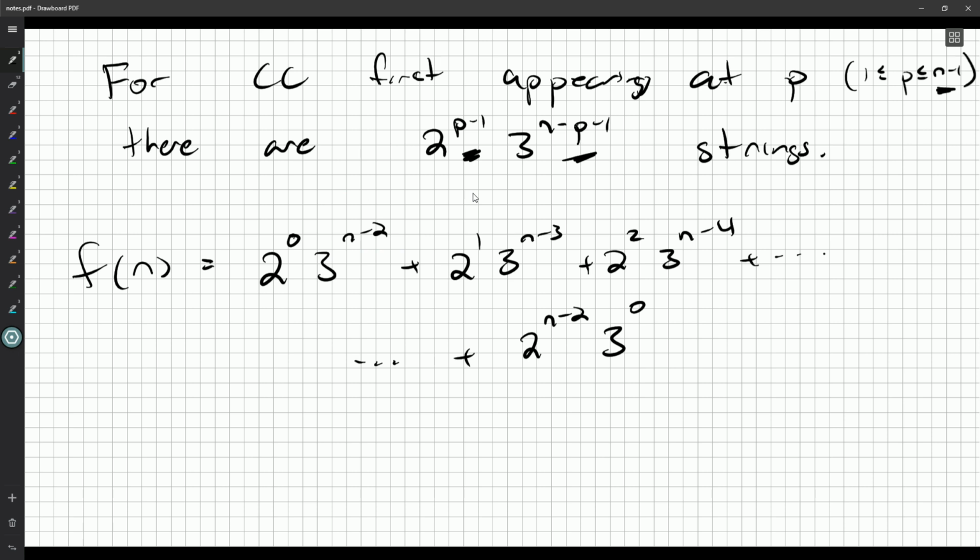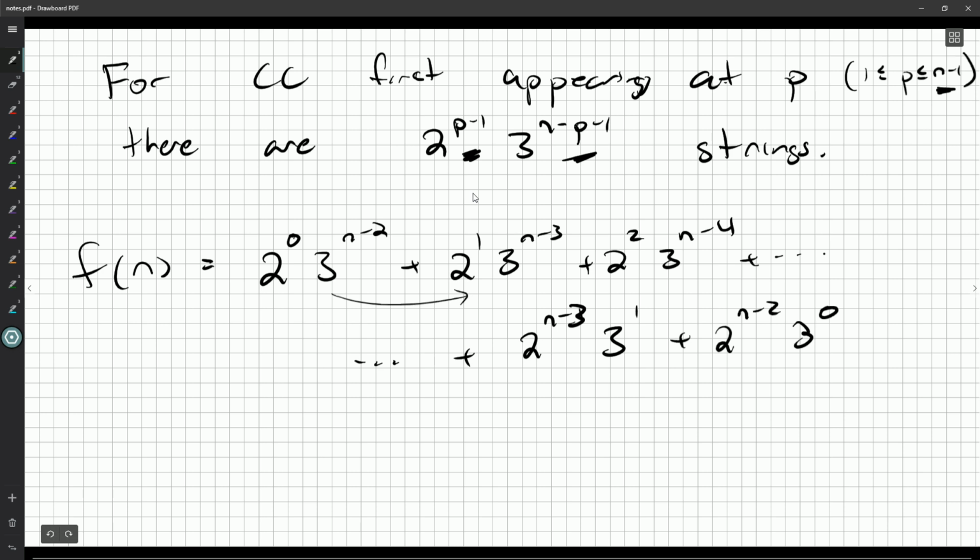Okay, this looks nice and regular enough. I'm just going to write a little bit more of the sequence. Can I find a way to... So every time you go over, you multiply by 2 but divide by 3.